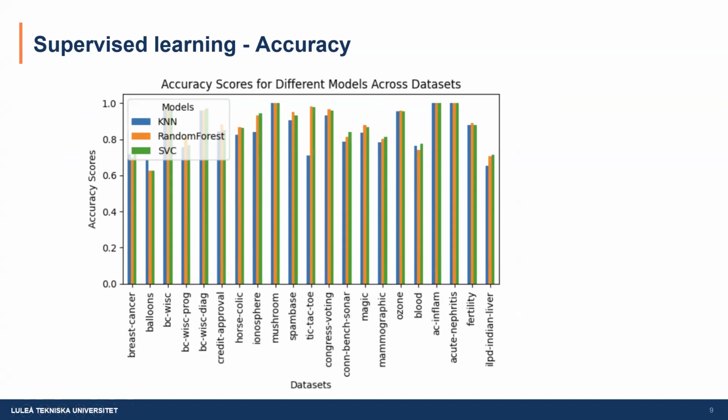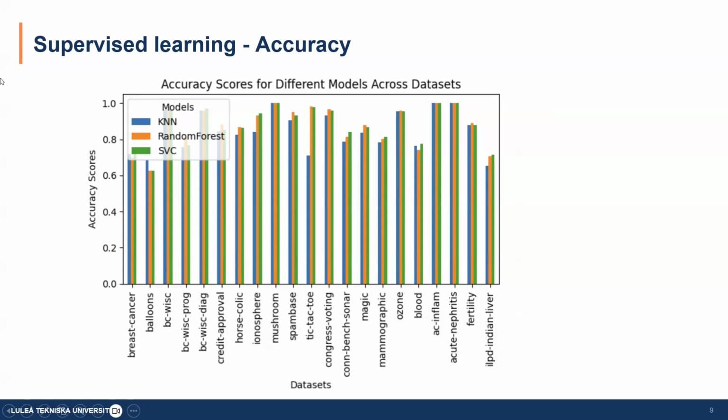Here is an overview of the accuracy of the 21 datasets with the 3 supervised learning models. The blue bars are for KNN, the orange is for random forest, and the green is for SVC.